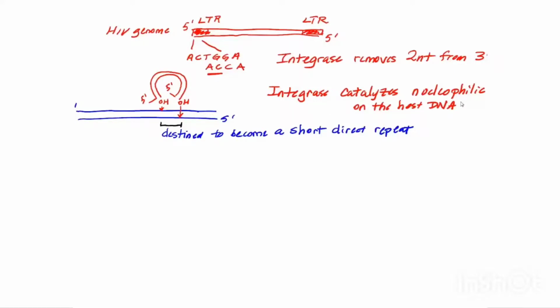And I'm going to show you the results of those nucleophilic attacks. So this time I'm going to draw the diagram starting with the lower strand, the 3' end of the host DNA, moving over to that site. And then that nucleophilic attack actually creates a covalent bond with the retroviral DNA.